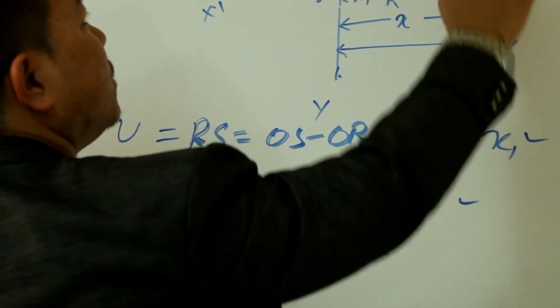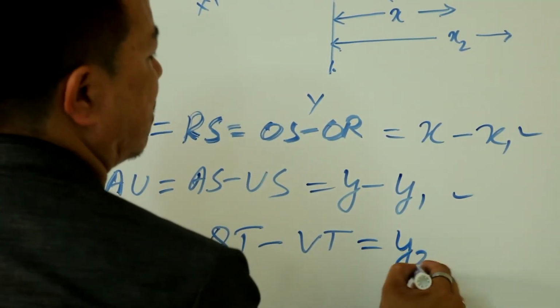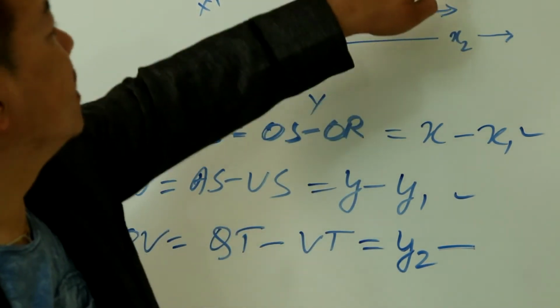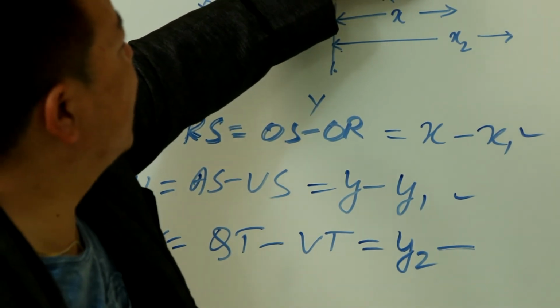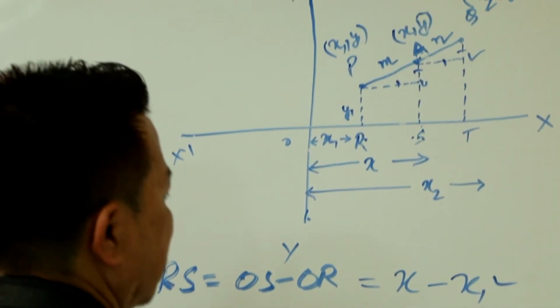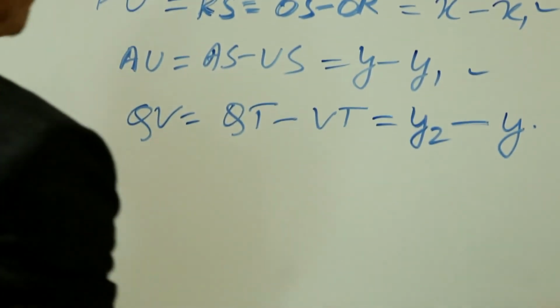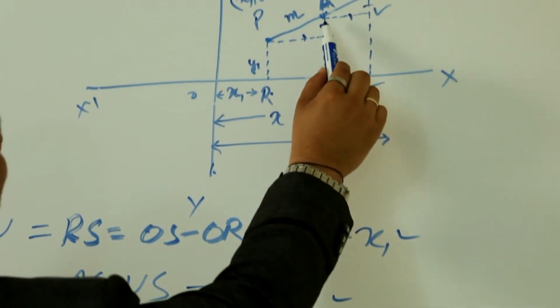The distance QT is y2, minus, and what is VT? This distance VT is equivalent to AS, and as we know, the value of AS is y. So y2 minus y.